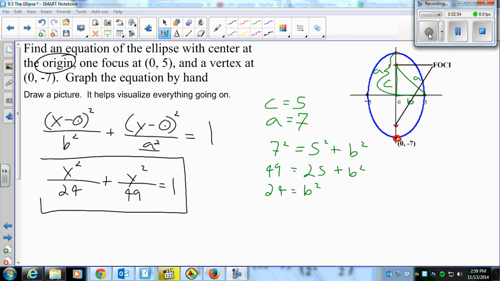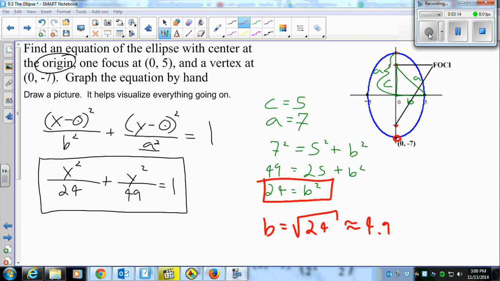So I can use this to help finish graphing this out. So I only have these points here in the red. To figure out my b value, remember my b² is equal to 24, so b is equal to the square root of 24, which is approximately 4.9. So I go ahead and plot points right here, and I have my vertex here at (0, -7).